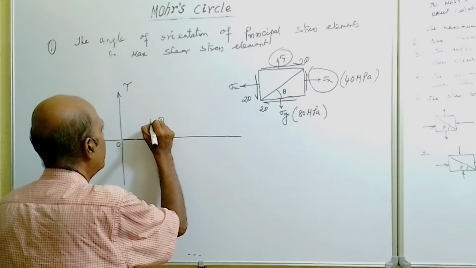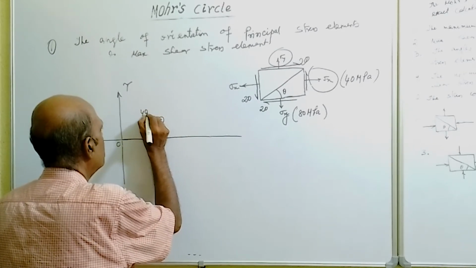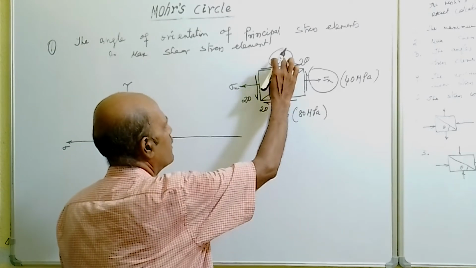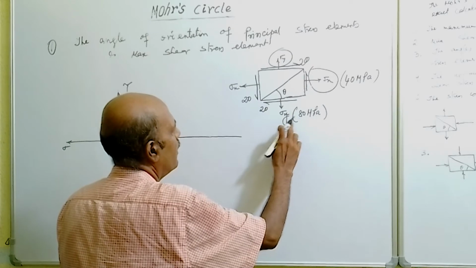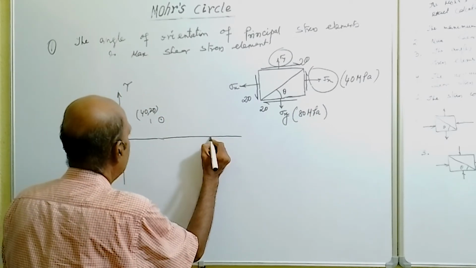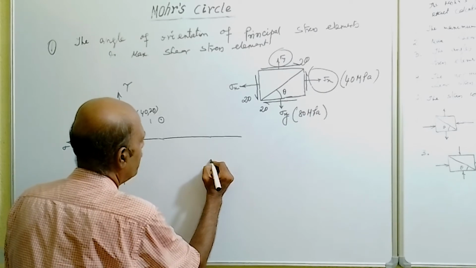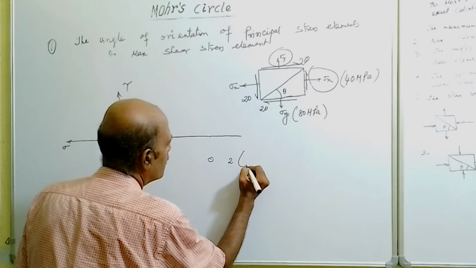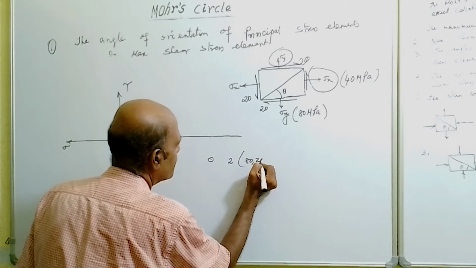So we will mark this point as 1, that is 40, 20. Now go to y face, sigma y means 80, 20. So by using same scale you mark here 80 and 20. We have got this point, that is point number 2, that is 80, 20.